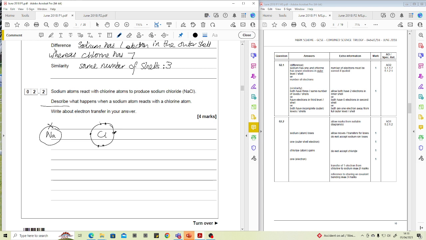North, south, east and west only has 7. So we're going to say that this electron goes to this point. So the outer electron from each sodium is transferred to chlorine.